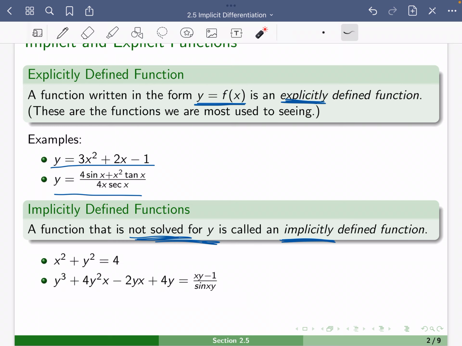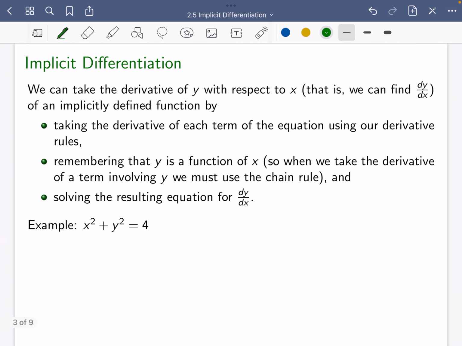And so when we want to take derivatives, we don't always have to solve for y. We can go through this process of implicit differentiation. With implicit differentiation, we can find dy dx of an implicitly defined function.